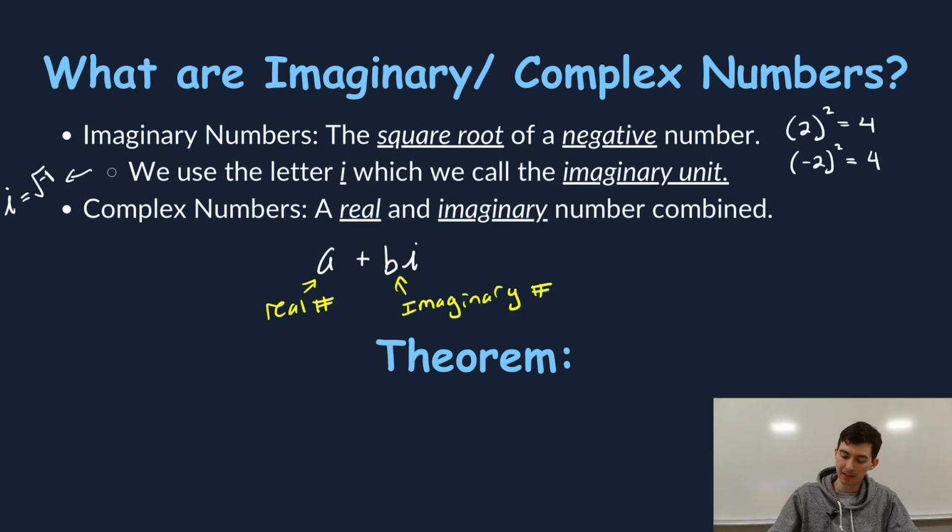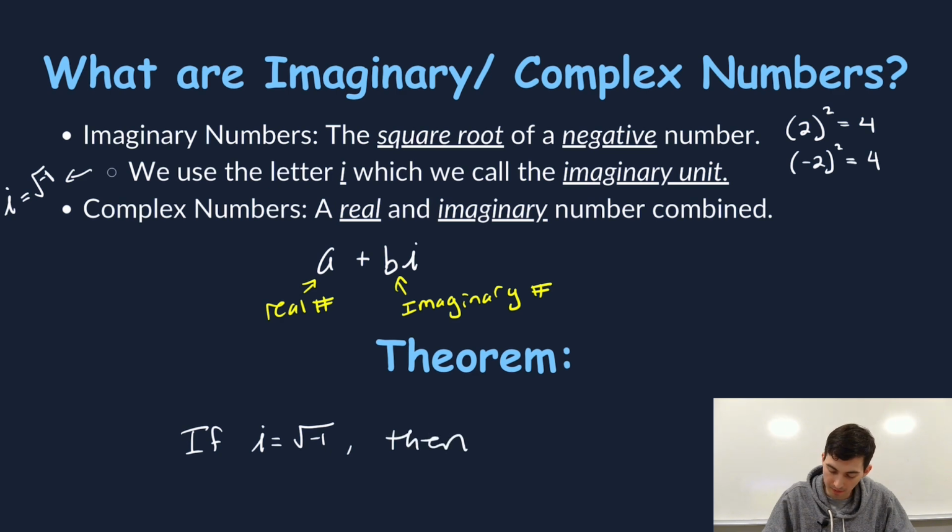Okay? That also leads us to what we call a theorem. It's something that's always true in math. So if we know that i is the square root of negative 1, then i squared is going to be negative 1, because if I took this and squared it, the square root and the square would cancel, which means i squared would just be equal to what's left inside the root, which is negative 1.